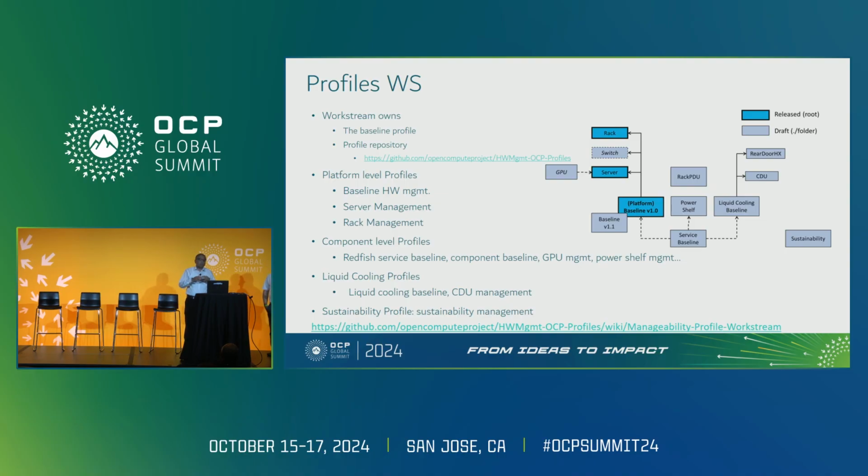This hardware management project defines a set of profiles that it owns, and other projects also work on their own profiles in conjunction with us. A number of those are derived from the baseline profile. You can take a look at our work stream to see all the profiles that are in existence. The color coding here shows what is already released and what is in draft status.